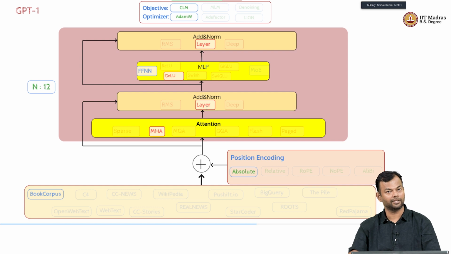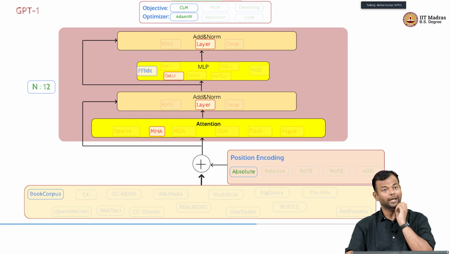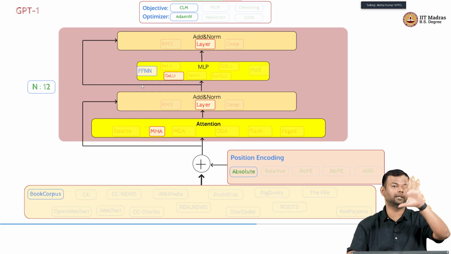Then layer normalization, again this was a part of the basic transformer architecture that we had covered. GELU activation, this is something that we have covered in the previous deep learning course. And layer normalization, and the objective function we had looked at was causal language modeling, and optimizer was Adam with weight decay, right? So this is what the GPT-1 diagram looks like, right?